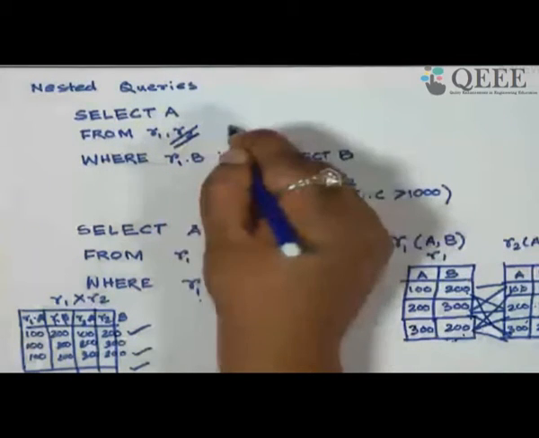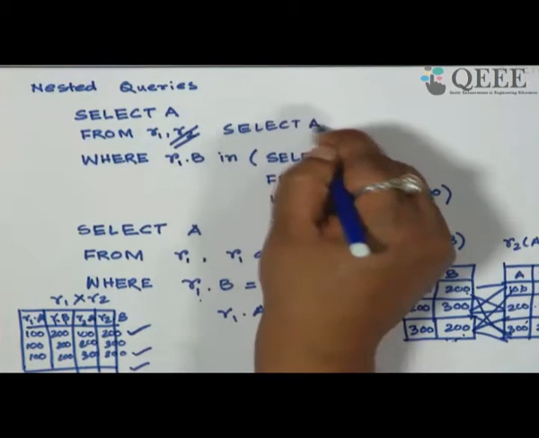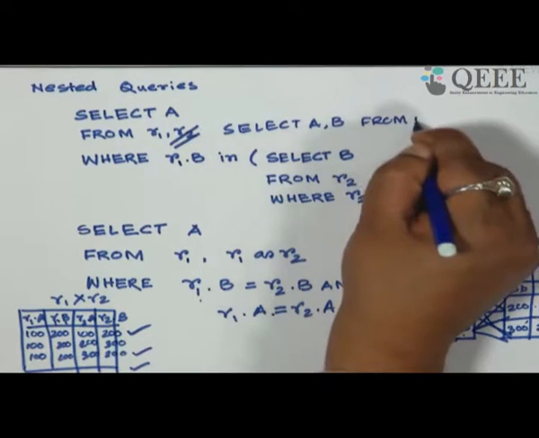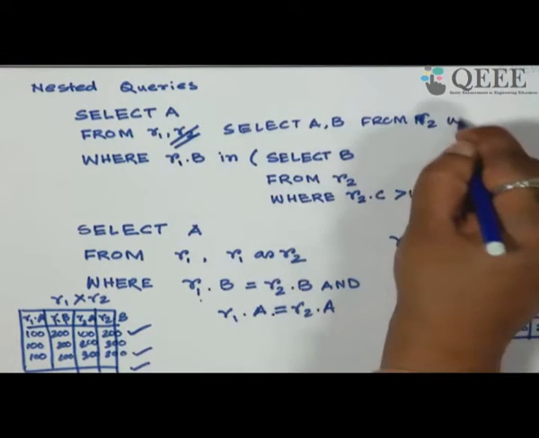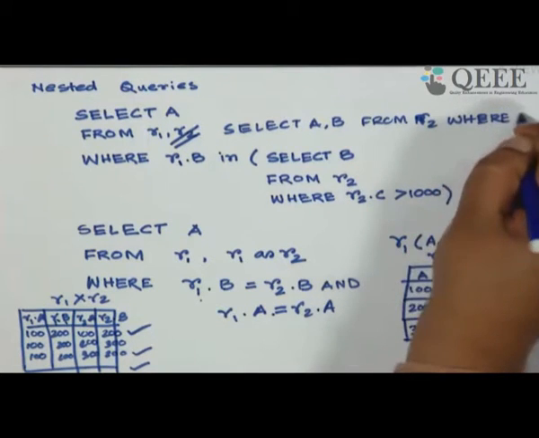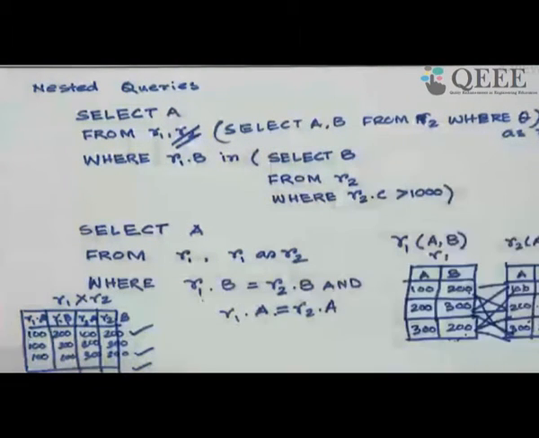Instead of R2, I can say select A, B from R2 where some theta, this entire thing as R3. I can do it. I can nest here also. So this you please practice.